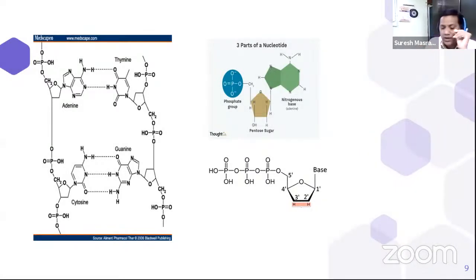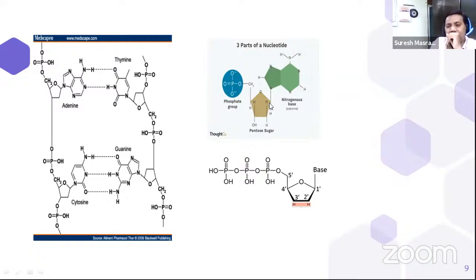Thus, again, this is double-stranded DNA, and this is the normal nucleotide. This is deoxyribose, this is the phosphate group, and this is the nitrogen base. The adenine is shown.